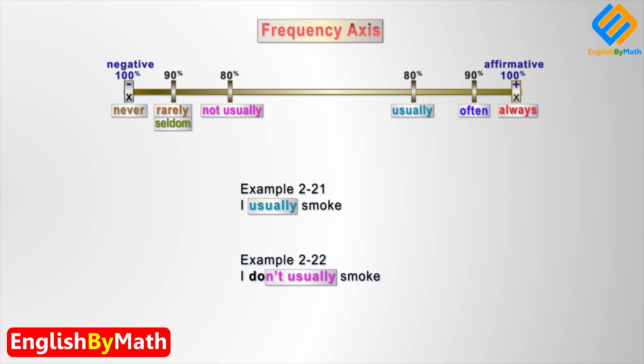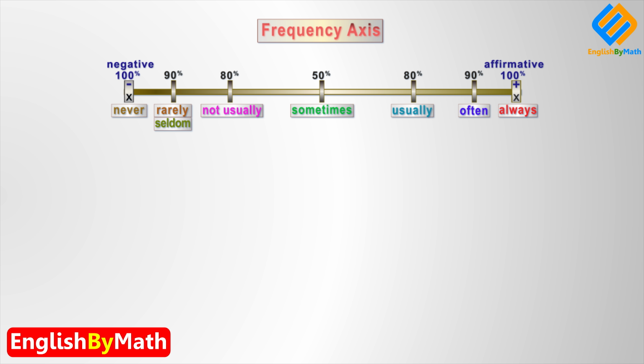Finally, we have the word sometimes, which equals 50%, which makes it neutral. I sometimes smoke. The speaker in 223 does not have a serious problem with smoking because he can quit smoking anytime he wants.